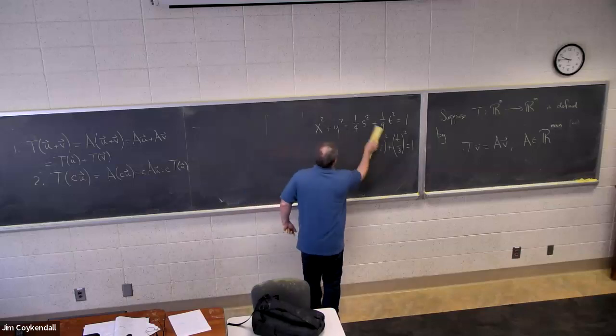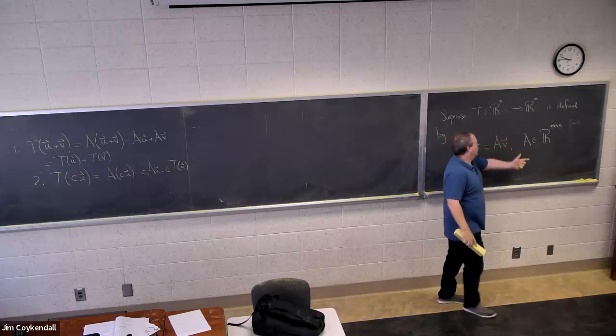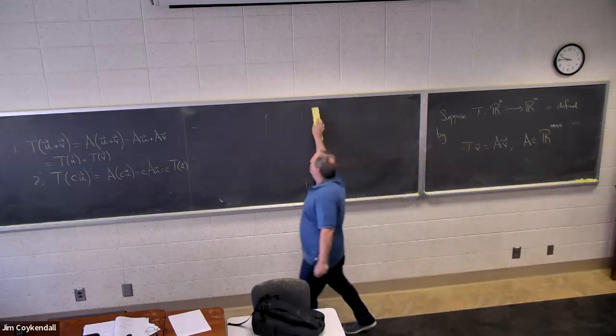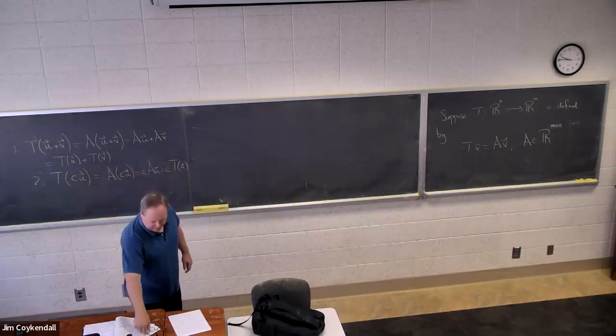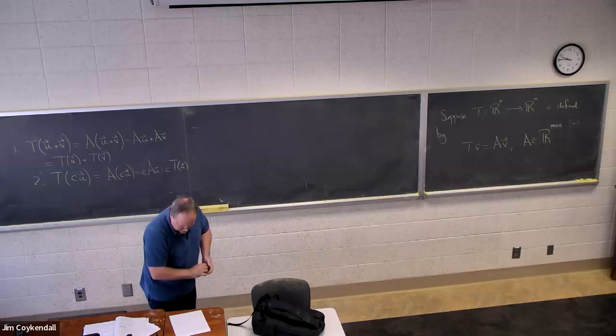So these functions that you get just by taking an n-dimensional vector, multiplying by an n by n matrix and getting an n-dimensional vector, have a couple of nice properties. These kinds of properties are not true in general for most functions, but they are true for this. And this is a linear transformation.